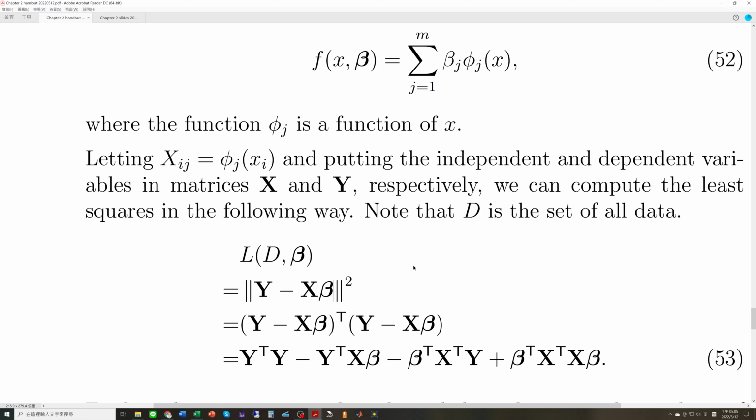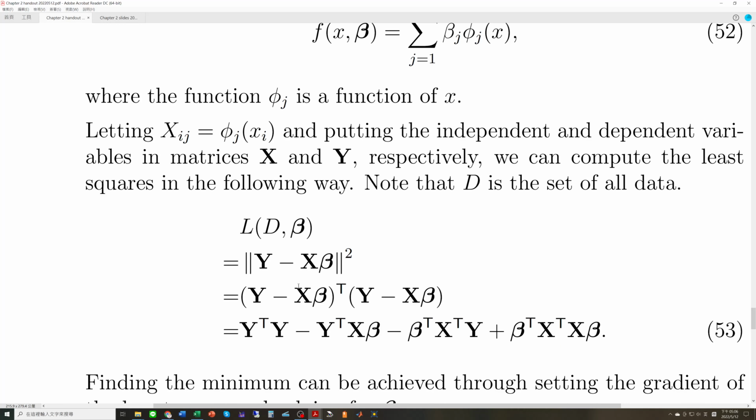They are the same thing. The square of the norm of a vector is equal to the transpose of the vector multiplied by the vector again. So this equation is equal to y minus X beta transpose times y minus X beta.